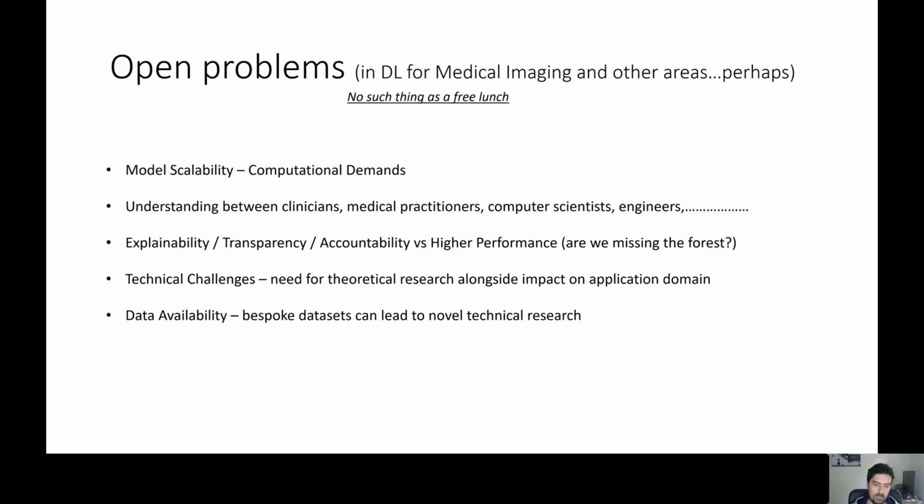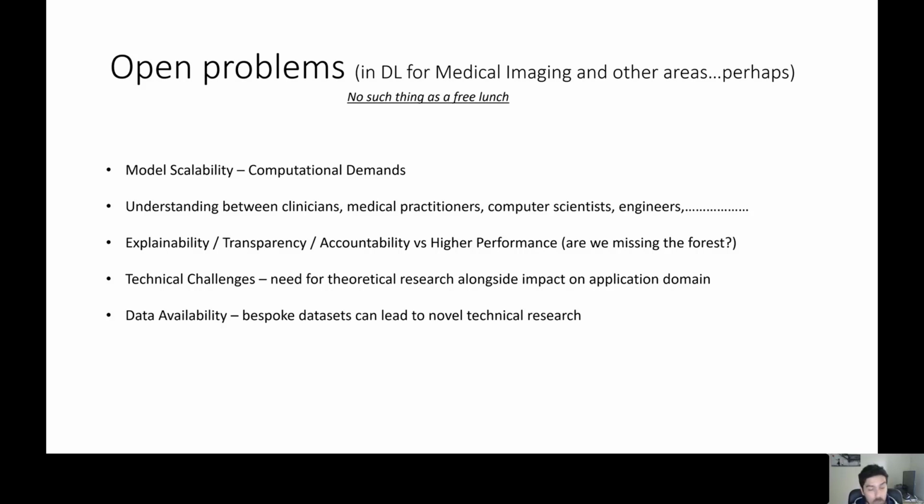They are in other application areas where you have to create an understanding between the different people involved in the project, like clinicians or medical practitioners, radiologists, or computer scientists, engineers. So you have to find a line of communication and understand what the expectations are from each of these groups. That is one of the open problems when it comes to establishing long-term collaborations in medical imaging.